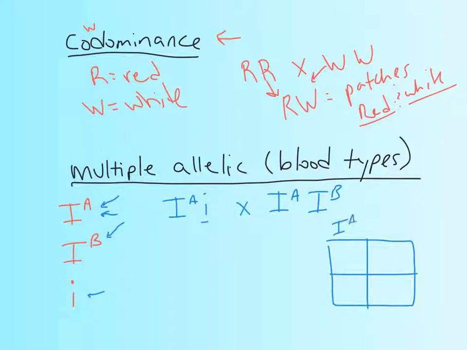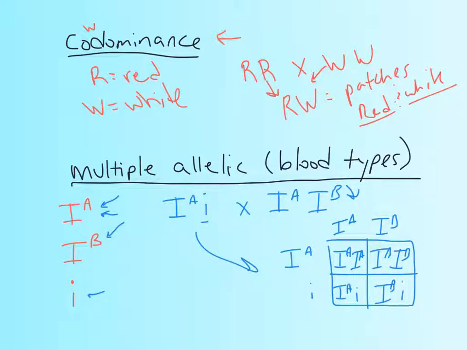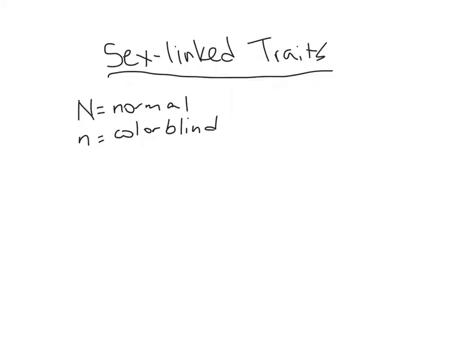Big I A, big I B. So there's one parent right there. Put the other one on the side. Big I A, little i. This one's going to be homozygous type A. This one's going to be type AB. This one's going to be heterozygous type A, and this one is going to be heterozygous type B.